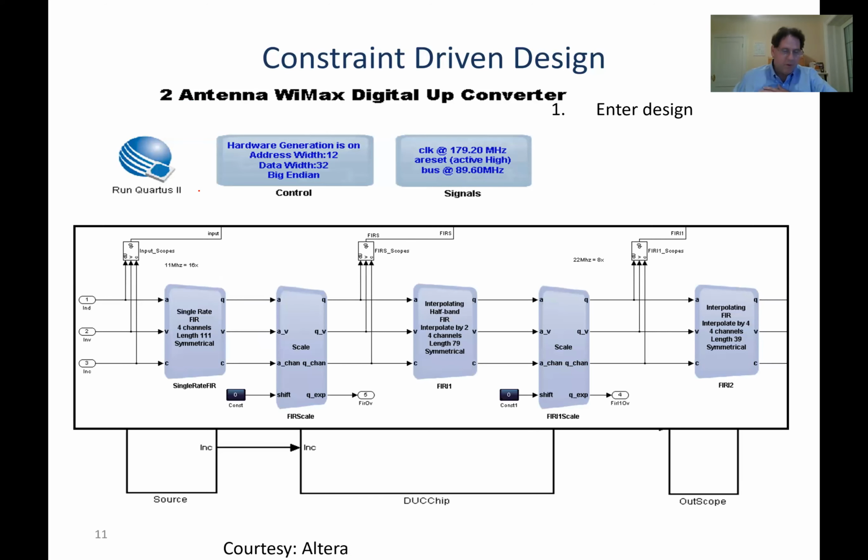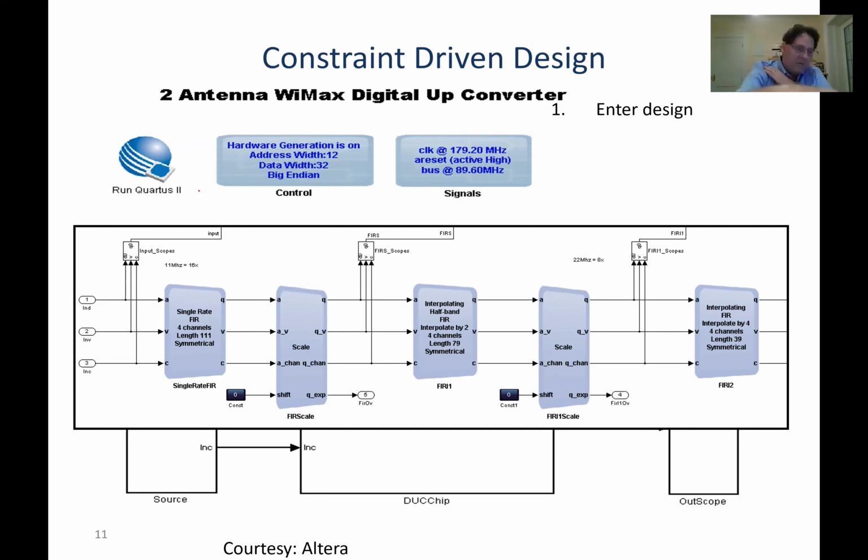I'm not the right person to tell you all the details of exactly why I want to do the digital up conversion, but that's not my point here. Basically, what goes into this system are streams of data. So we talked about how streaming hardware is a nice fit to signal processing. So this tool allows you to express that pretty naturally.